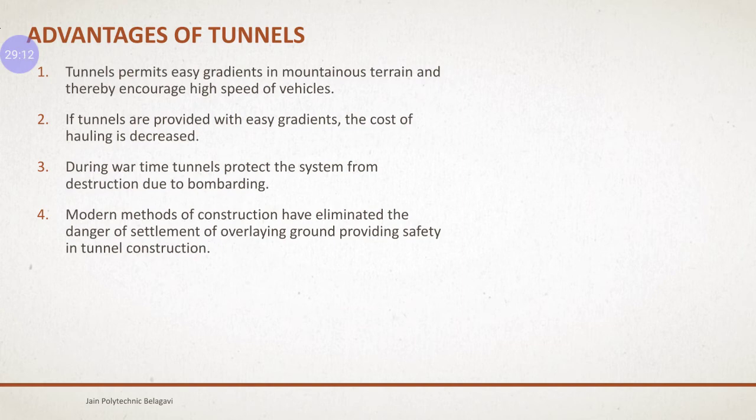If the soil was very weak, it would fall down due to the vacuum created below. There is no support for it, so it would fall down. Due to that, there was a danger while constructing. Nowadays, due to the advancement in techniques and engineering processes, construction has become very easy.